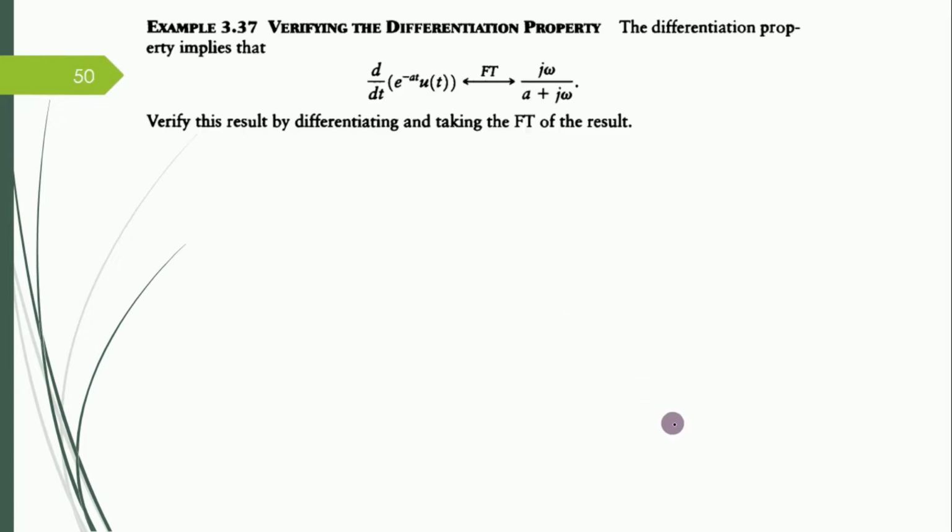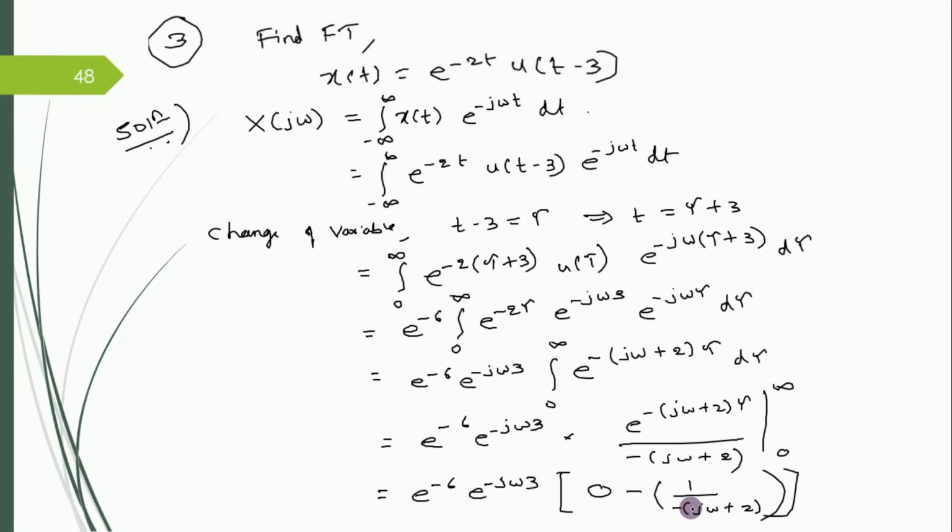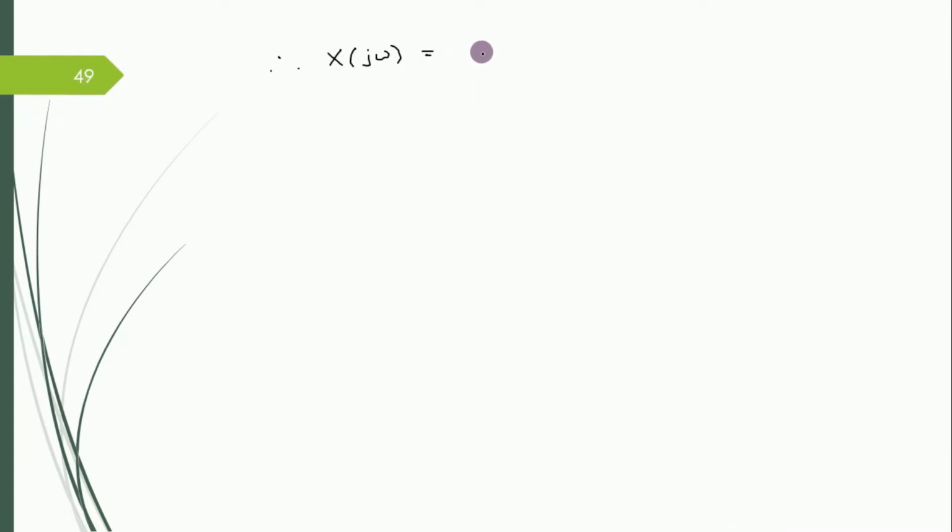So I take the next slide. So therefore X of j omega is equal to, you can see here, minus and minus cancels, only this divided by this I get. So I write it here, e raised to minus 6, e raised to minus j 3 omega divided by j omega plus 2.